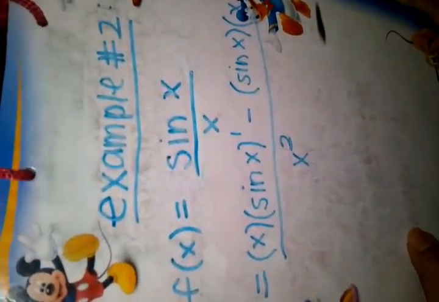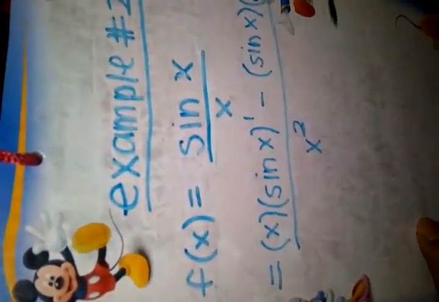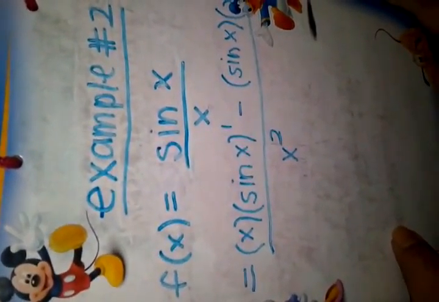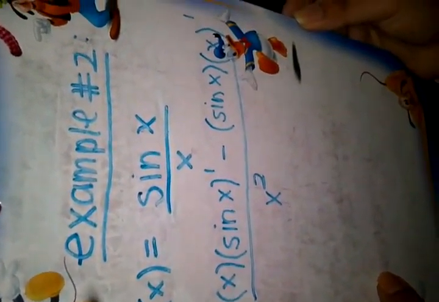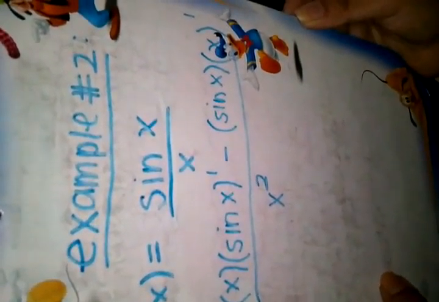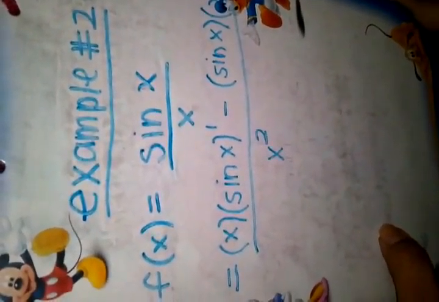Alright, so basically right here we have x times the derivative of sine of x, minus sine of x times the derivative of x, over x squared.